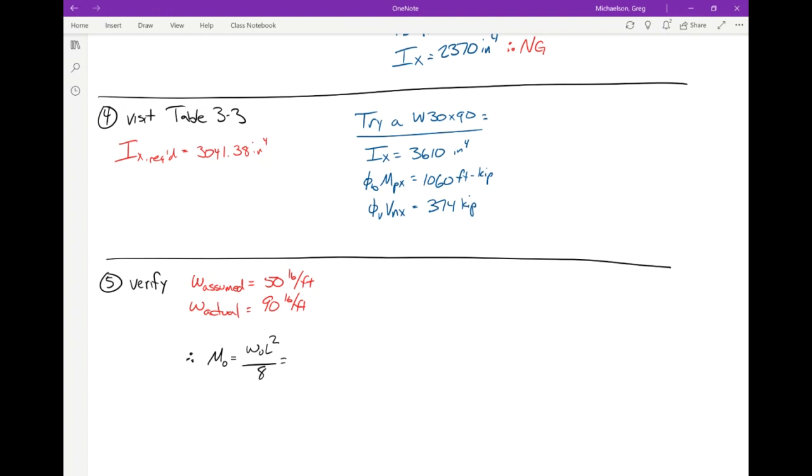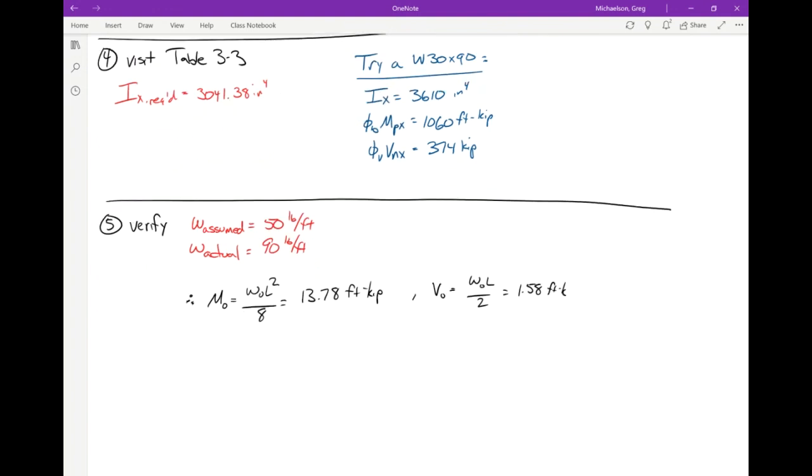If it was the other way around and our beam was lighter than what we assumed, we really wouldn't have to do any of this. But we have to update this value. This ends up becoming 13.78 foot kips, and V naught becomes 1.58 kips.